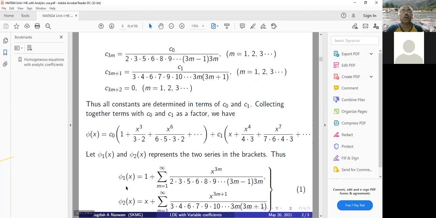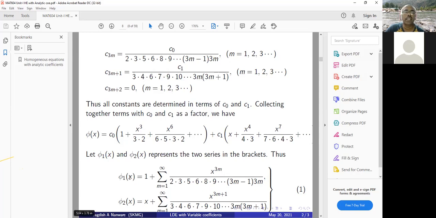Now, to write the Wronskian, you need the derivative of phi 1 of x. The derivative of 1 is 0. What is the derivative of this? 3m into x to the power 3m minus 1, with this coefficient. So find the value of phi 1 dash at 0. If you put x equal to 0, this term is again 0.